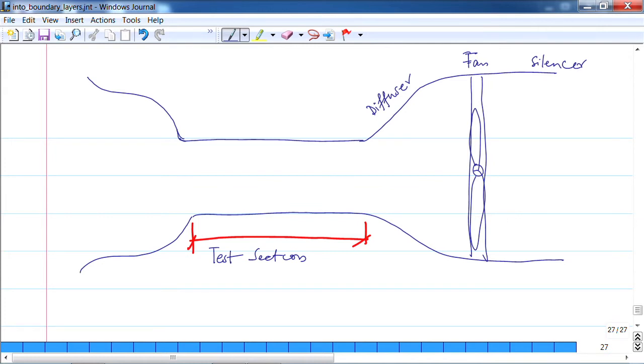Now, what is happening is we have flow which just comes in, there is no uniformity. So, what you do is, this is a flow straightener.